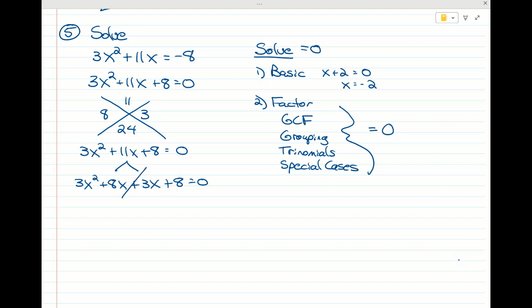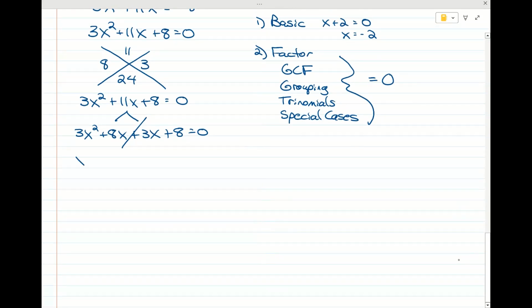And then if we cut it down the middle, we could factor out a GCF of x here. We get 3x plus 8, a GCF of 1 in the second grouping. Taking out the GCF of 3x plus 8, we're left with x plus 1.